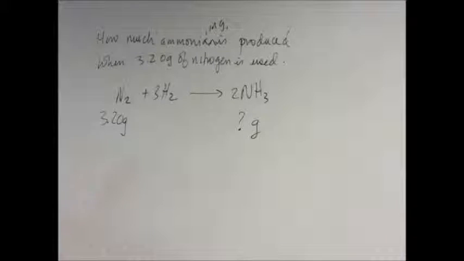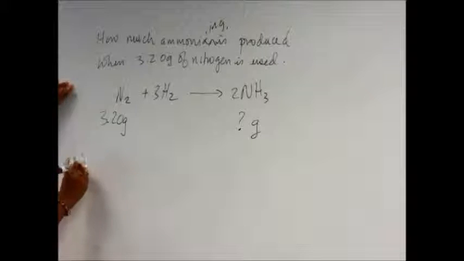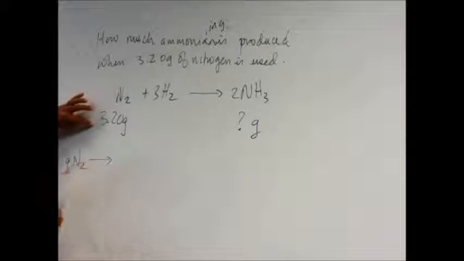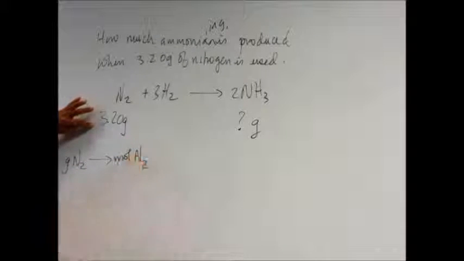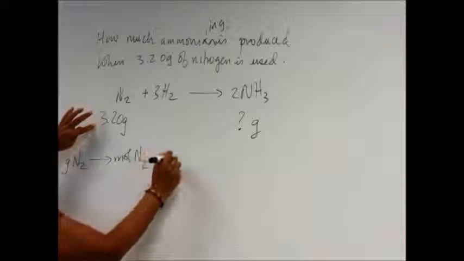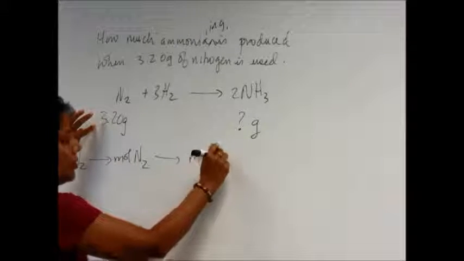But what we'll have to do is take the grams of nitrogen that we have been given and convert them to moles of nitrogen, of course. And then what we're going to have to do is what we call the mole ratio.